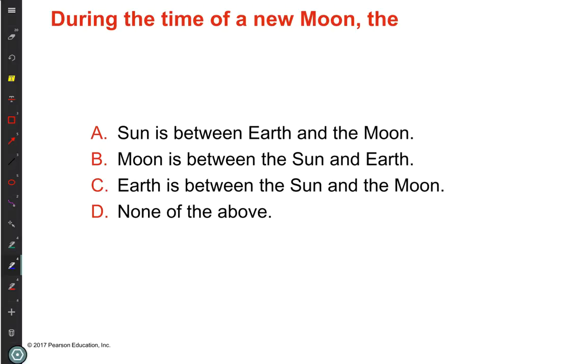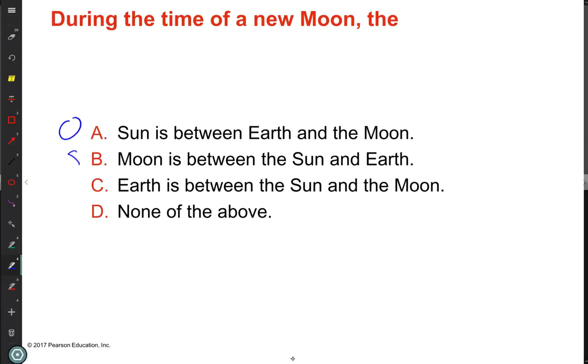I choose A. Okay, we had nobody that chose A. Why did you not choose A? Because we would be dead. It's not right. Because there ain't no way the sun's ever going to get between the two of us.